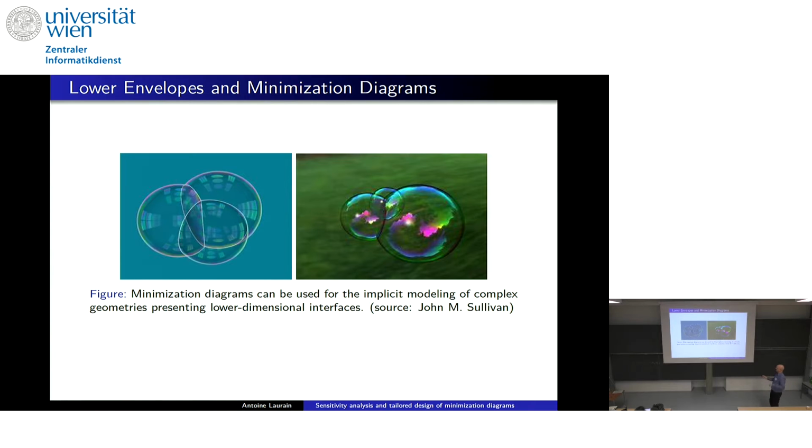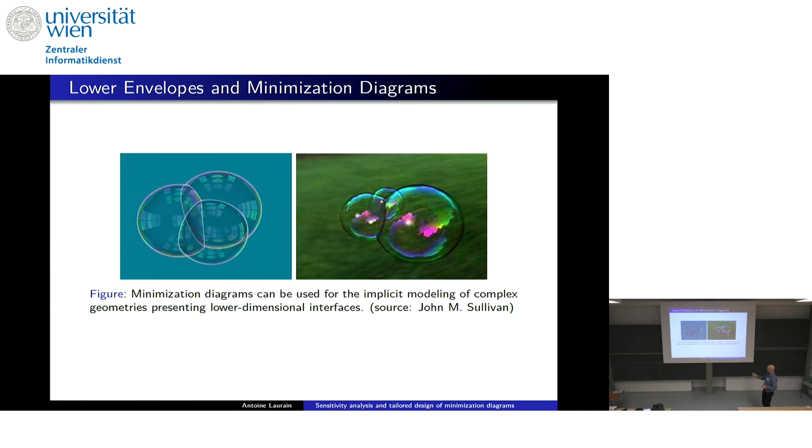And you can do this in any dimension, of course. And in 3D, it starts to get really interesting because you get all types of lower dimensional interfaces. You have, of course, the interior of each, here this is like a bubble, sub-bubble, which is 3D. You have the surface, which is 2D.